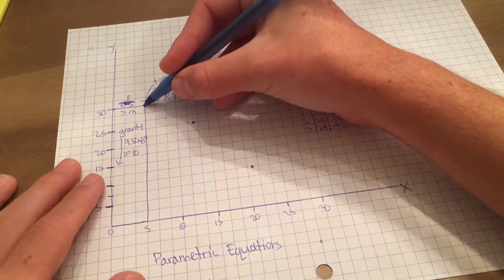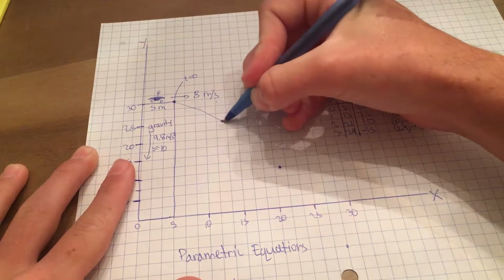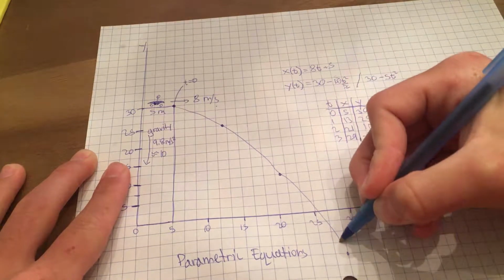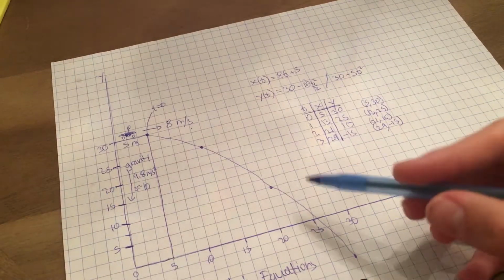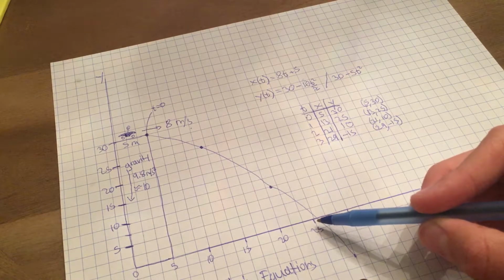So if we start to connect dots up here, we see that is about where it came down at. So it came down somewhere about 25, 26.